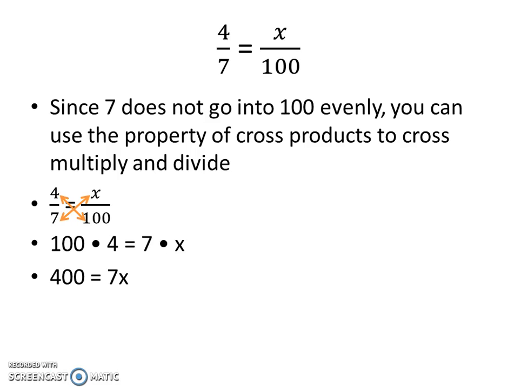To get x by itself, I need to divide both sides by 7. So 400 divided by 7 equals x. 400 over 7 is improper. As a mixed number, it will be 57 and 1/7. And since my question asks for a percent, I'm going to put a percent sign after my 57 and 1/7. So 4/7 equals 57 and 1/7%.